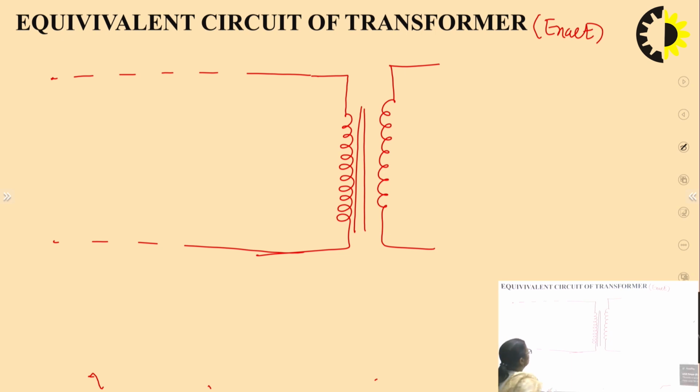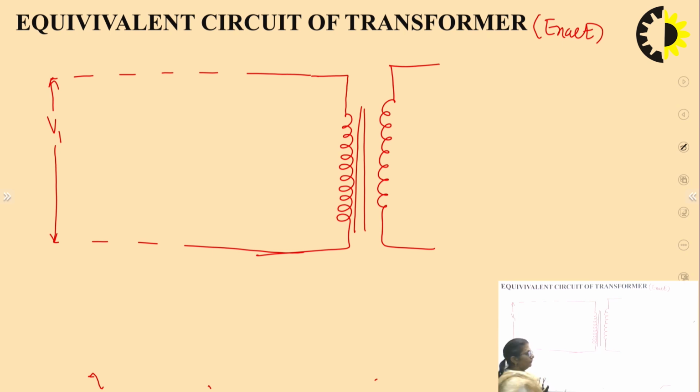Now, if this is primary, it should start with the supply. Obviously, it's an alternating supply and AC needs to be fed to it. Say V1 is the input voltage being given to the transformer.